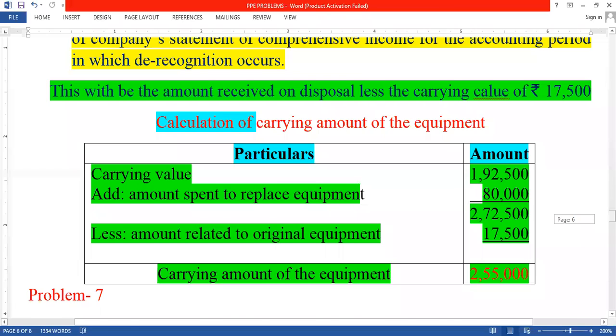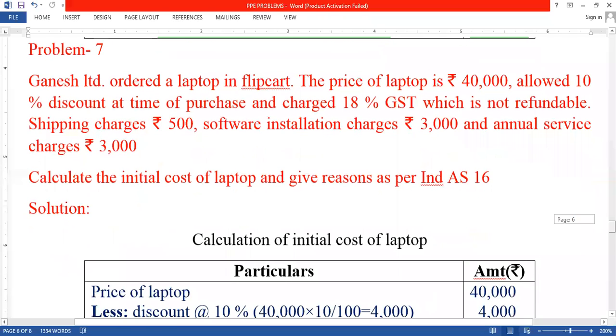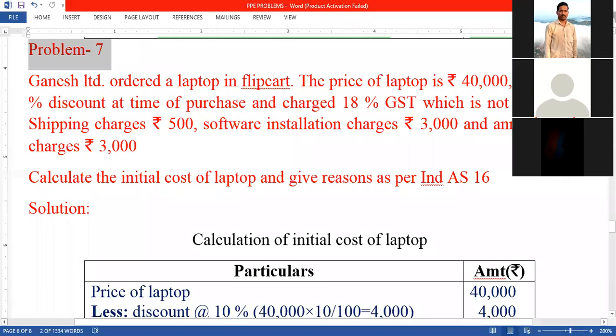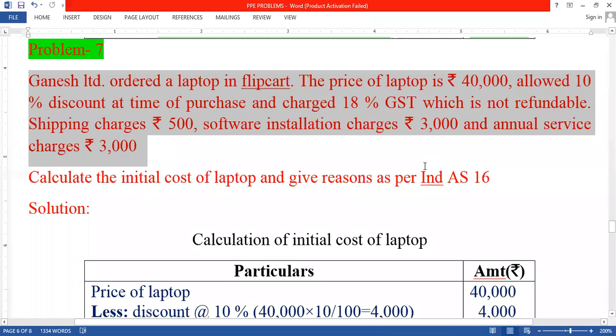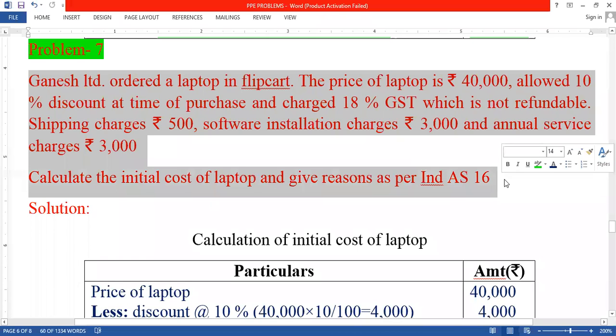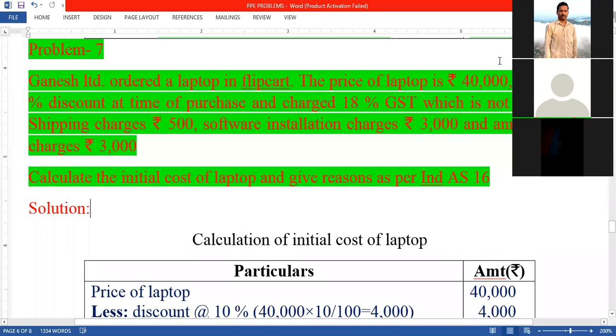After this, the next problem is problem number 7. Here in this problem number 7, what information are they given?